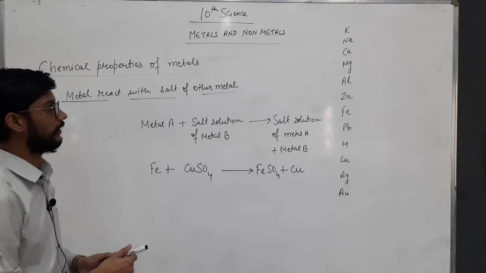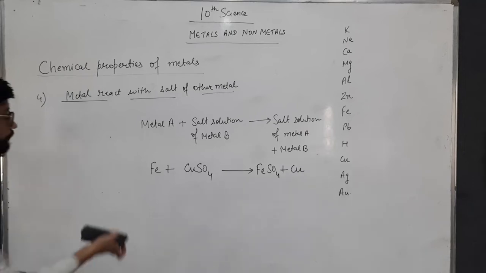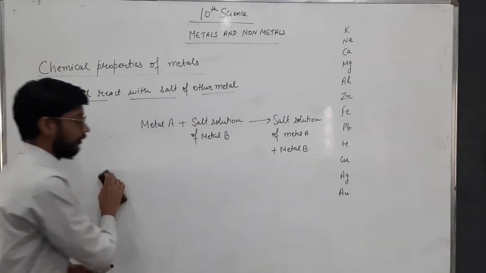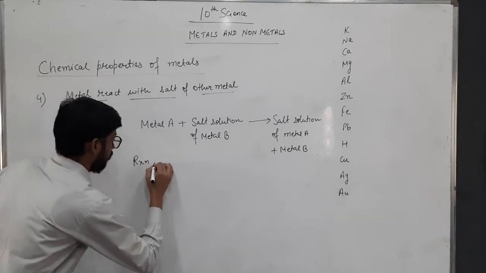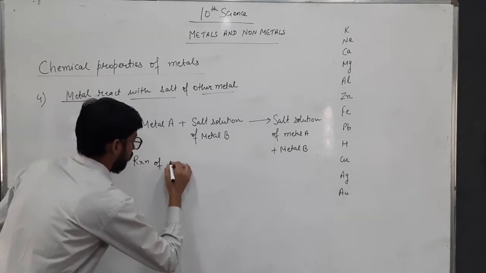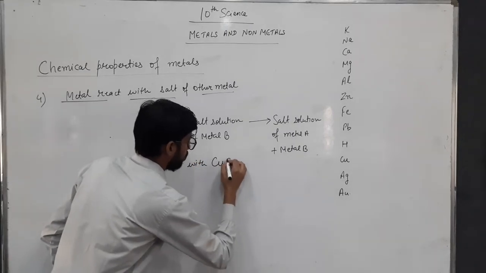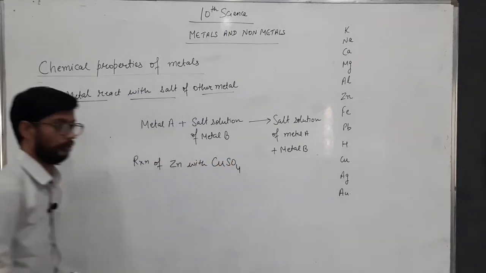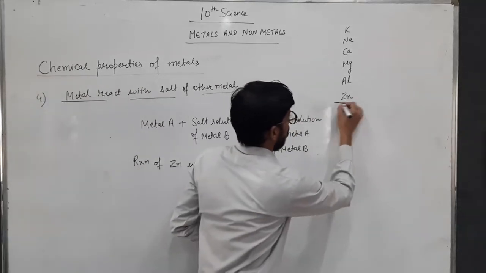You can take another example, like in your book it is given, the reaction of zinc with copper sulfate. Copper sulfate means CuSO4. See, this is zinc and this is copper.